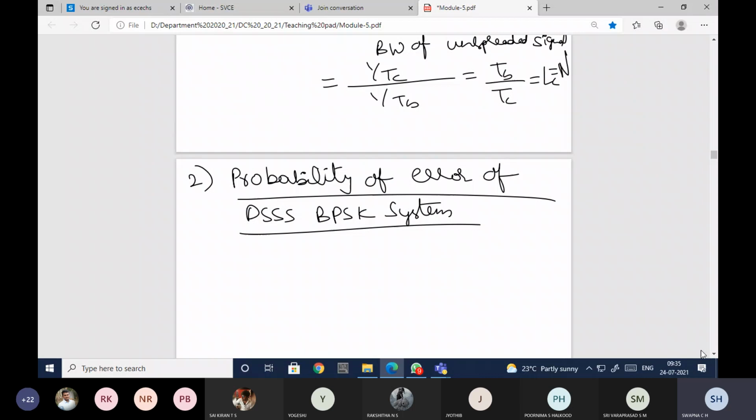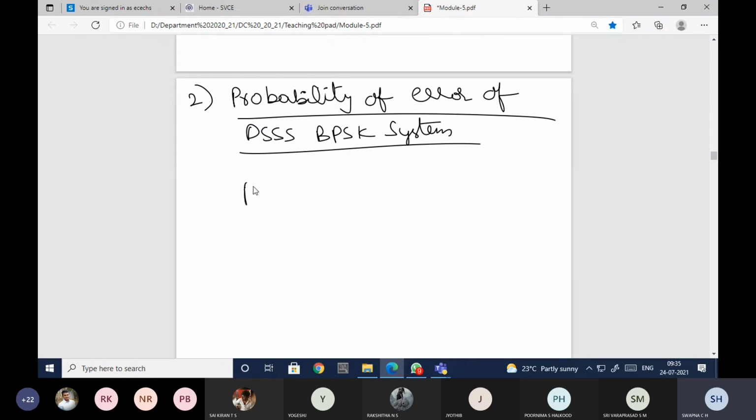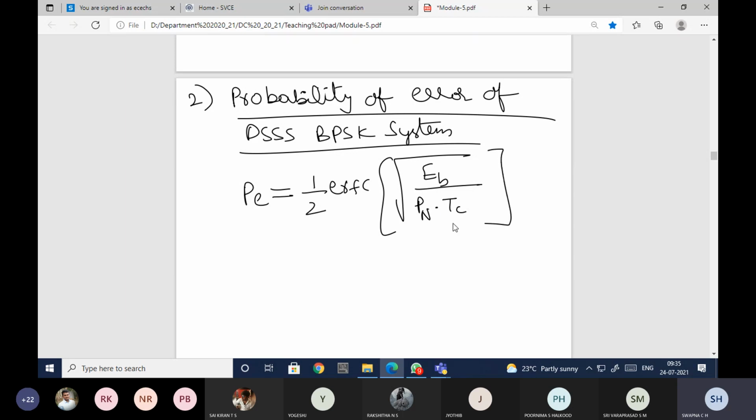Here I'll directly give you the formula. PE is equal to 1/2 erfc of root Eb by PN into Tc. What is PN? I'll tell you. This is the PE of DSSS BPSK.